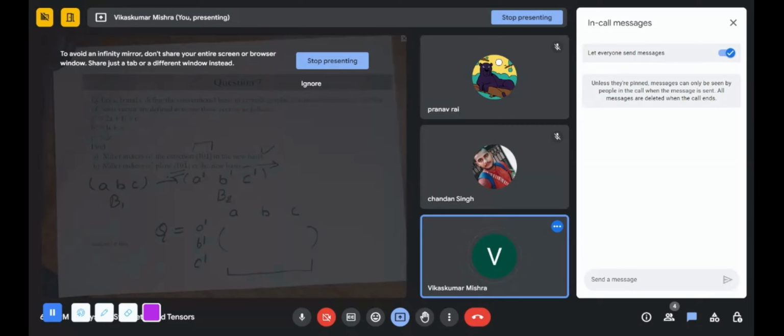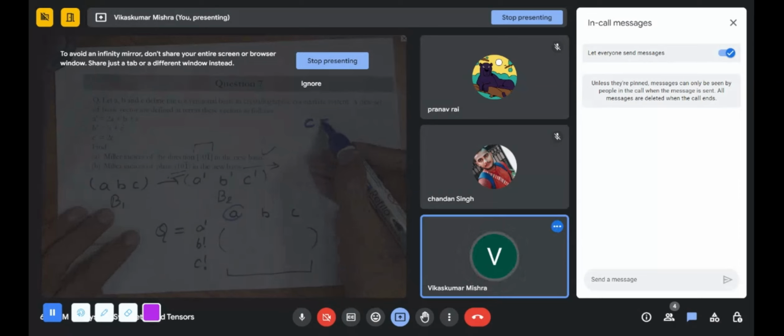Okay, let's take the other one. We need to find A in terms of A dash, B dash, and C dash. What is given here? A dash is given, that is 2A plus B plus C, and C dash is given as 2C. Let's put all the things here. So we know that C is equal to C dash over 2.